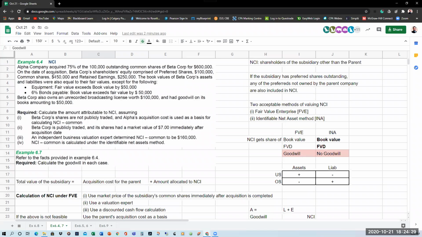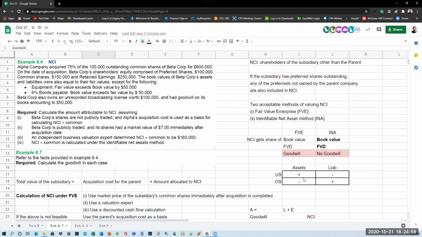On the acquisition date, Beta Corp's shareholders' equity consisted of preferred shares, $100,000, common shares, $150,000, and retained earnings, $250,000. The book values of Beta Corp's assets and liabilities were also equal to their fair values, except for equipment whose fair value exceeds book value by $50,000.